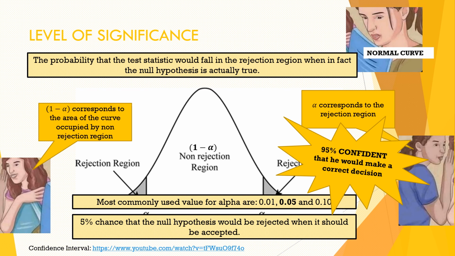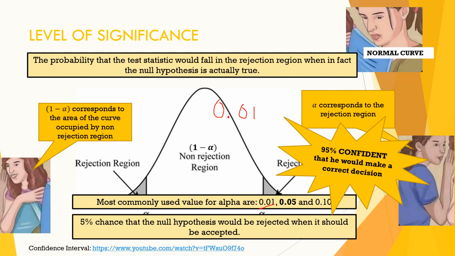For example, the level of significance given in the problem is 0.01. If that is the given level of significance, what is our confidence level?